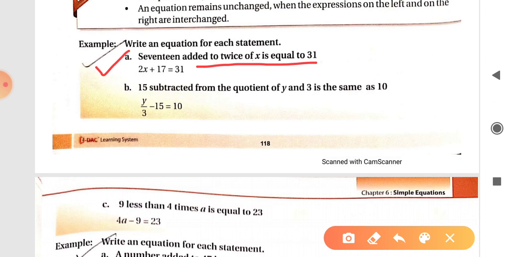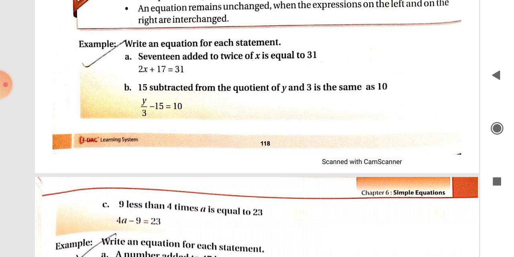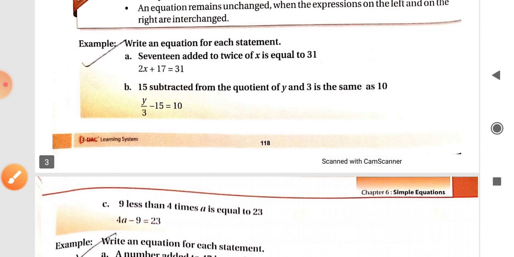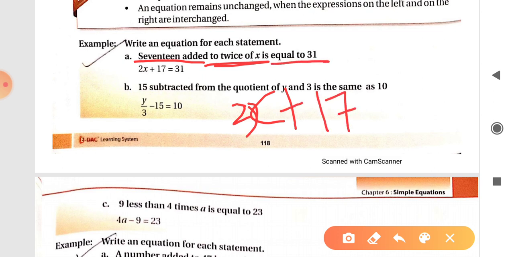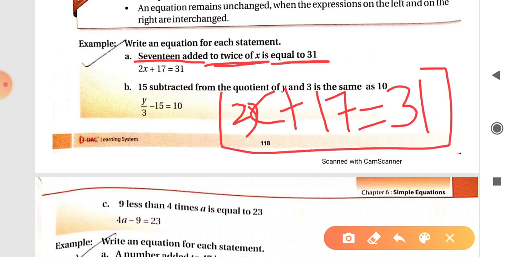We have to add 17 to twice of x. First of all we have to write the twice of x. Twice means 2 times. Twice of x means 2 multiply x, that is 2x. And now we will add 17 to 2x: 2x plus 17 is equal to 31. So the equation is 2x plus 17 is equal to 31.